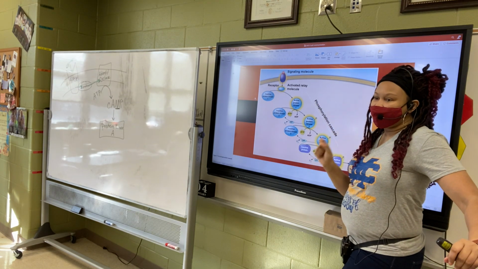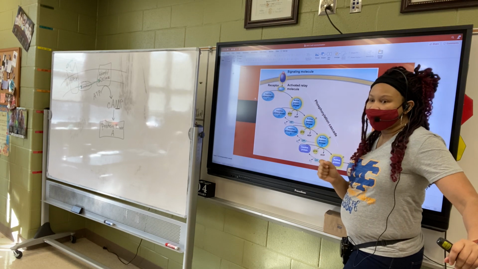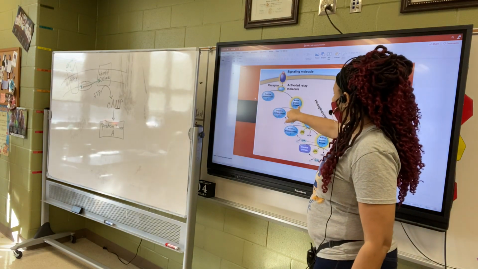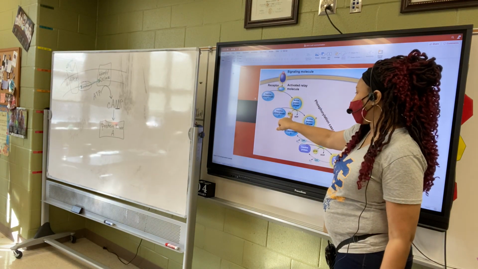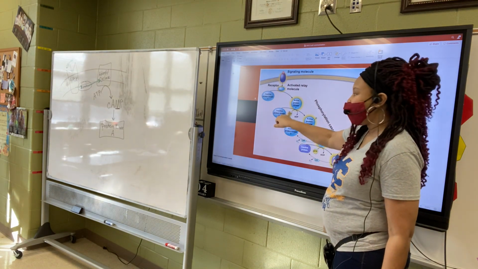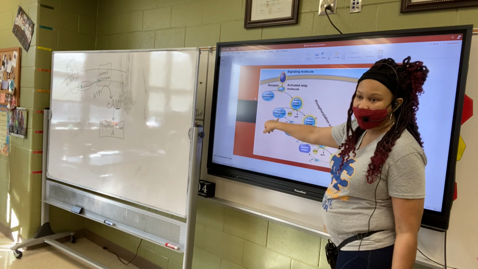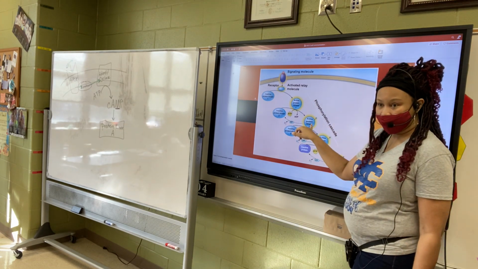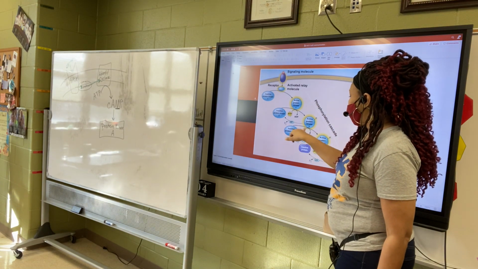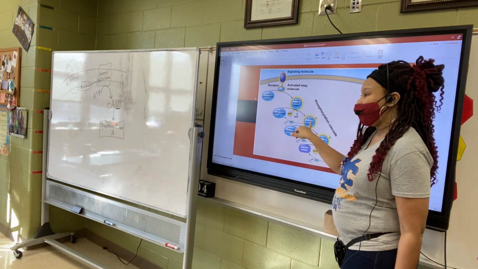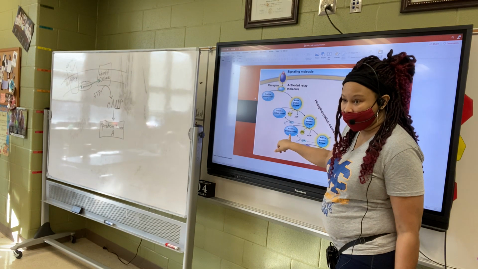What does a kinase do? Phosphorylates. So the first activated protein kinase then removes a phosphate group from an ATP and adds it to a different protein kinase, activating it. Okay? Once it is activated, it removes a phosphate from an ATP, activates a different protein kinase.